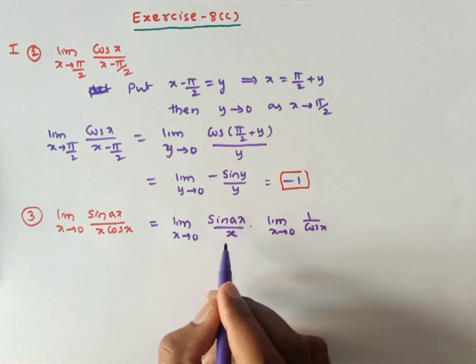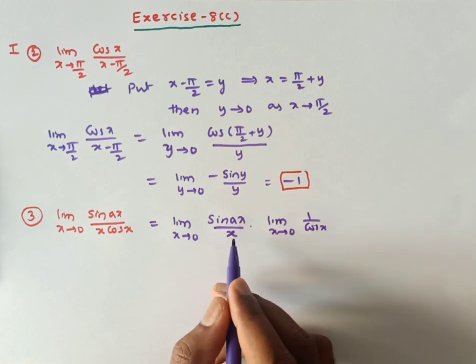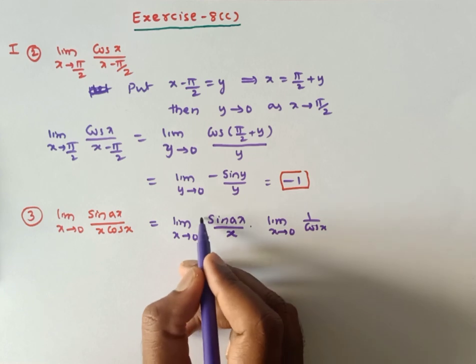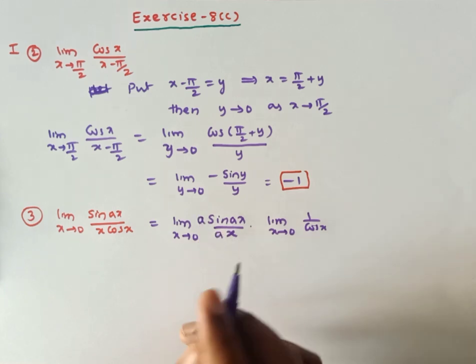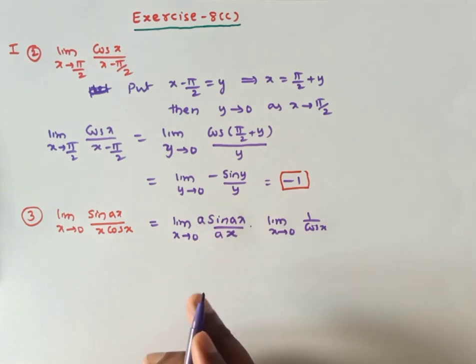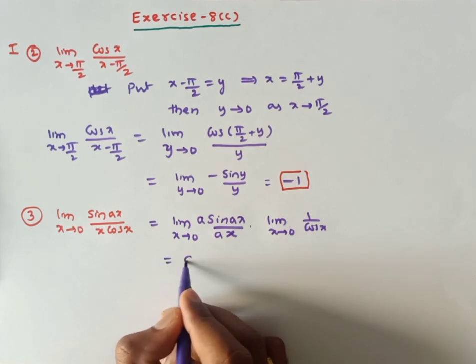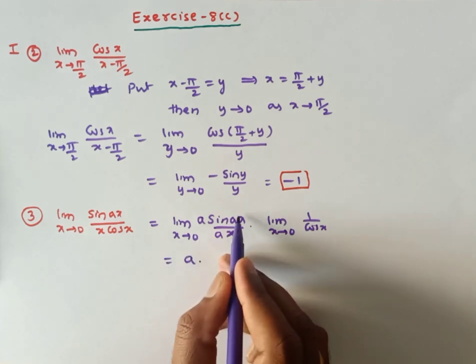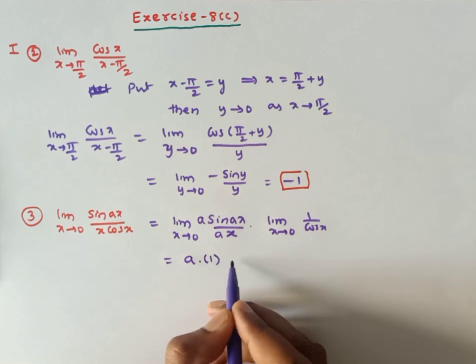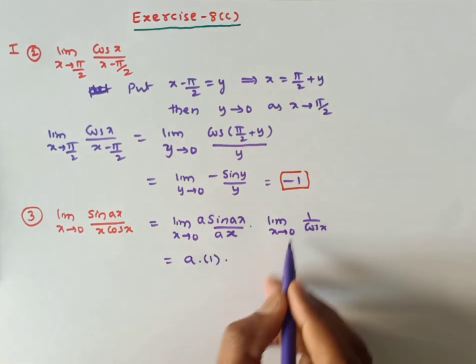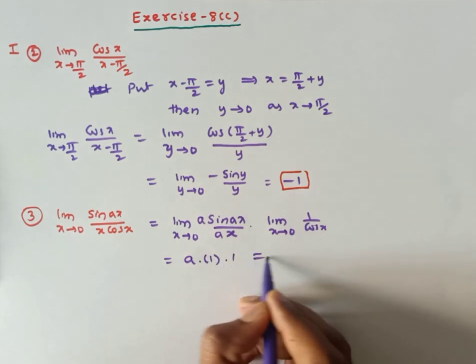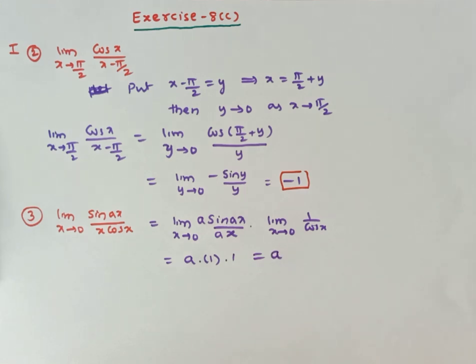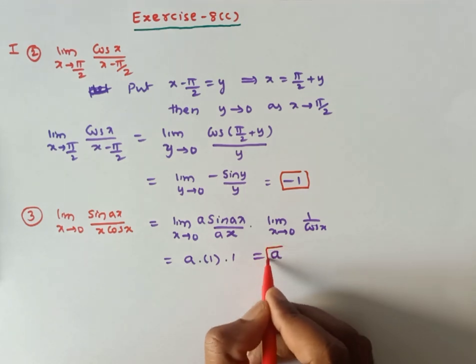Now sine ax by ax, here a is not present, so we multiply and divide by a. As x goes to 0, ax also goes to 0, so sine ax by x is 1 into this, which is also 1 by 1, that is 1. So finally it is a. The answer is a.